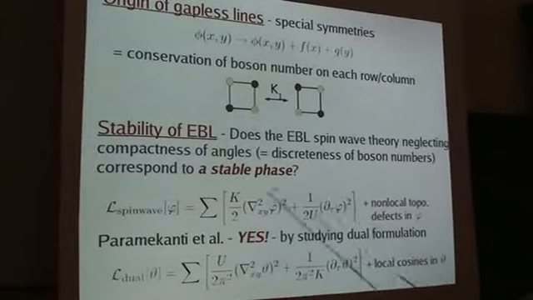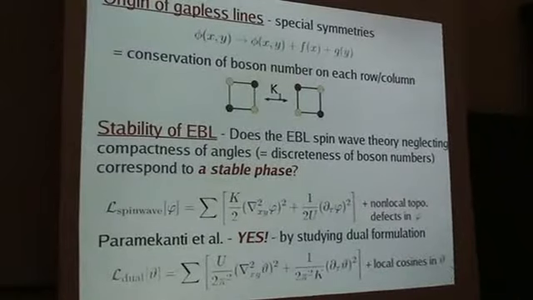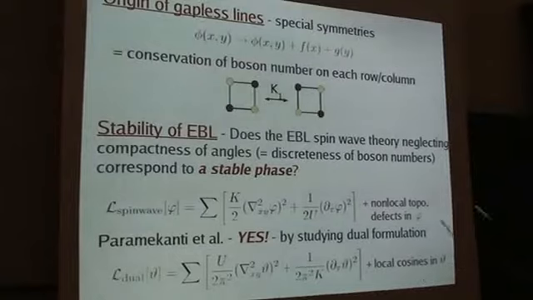Asking this question about the importance of compactness of the angle is very difficult directly in this language, because it corresponds to studying topological defects in this phase phi, which are non-local objects. However, it is possible to reformulate this problem using dual variables, and interestingly, the action in the dual variables looks qualitatively similar, except that the roles of this ring exchange and some effective repulsion are interchanged.